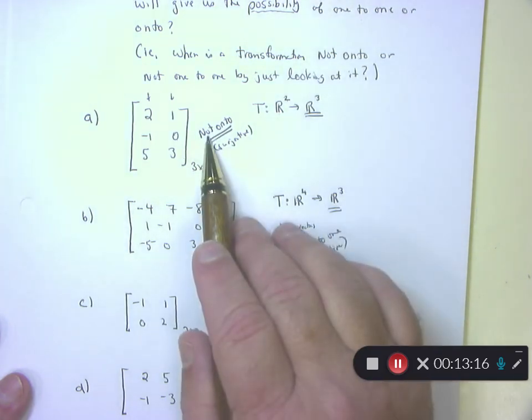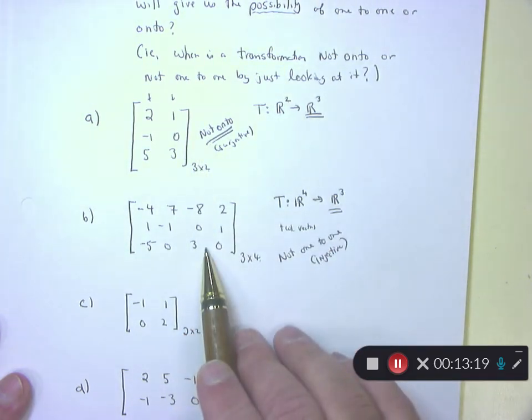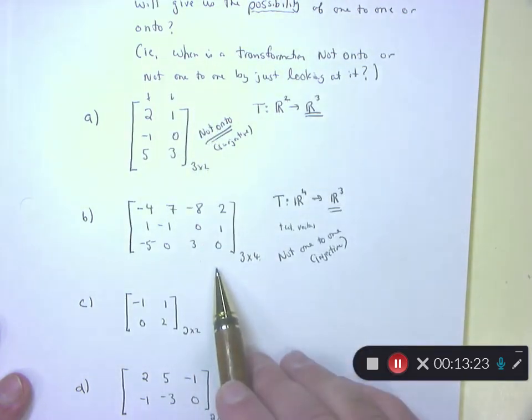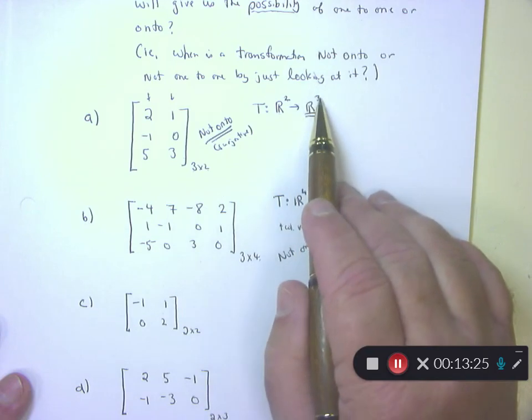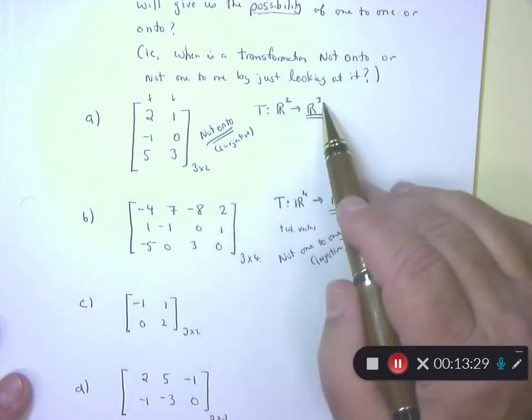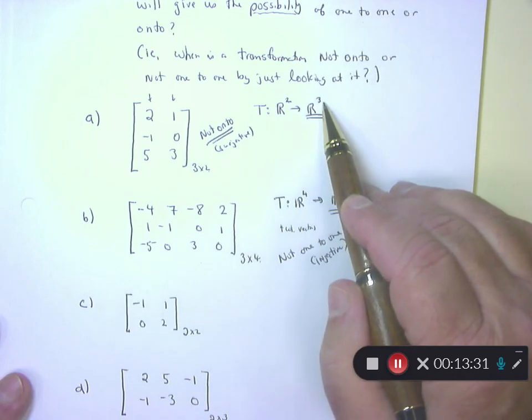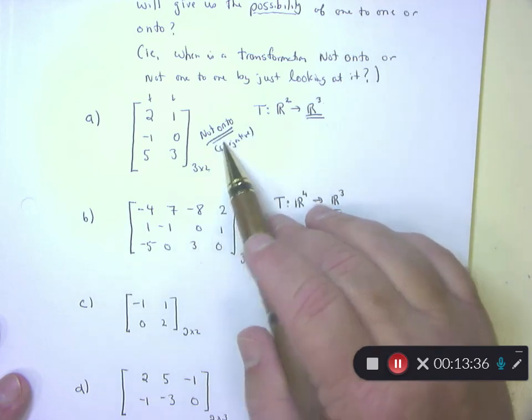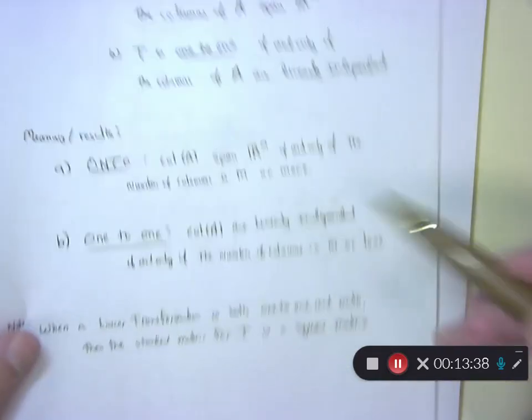That's okay with onto, but that's really bad with one-to-one. This thing's not one-to-one. In the previous problem, I'm going to R3, but I only had 2 column vectors. I had fewer than M column vectors, so it possibly could be one-to-one, but it's definitely not going to be onto by my description.